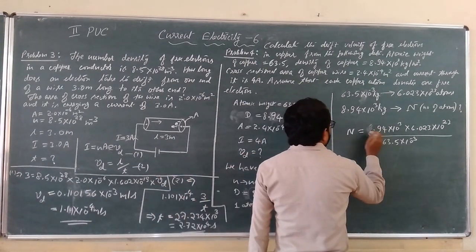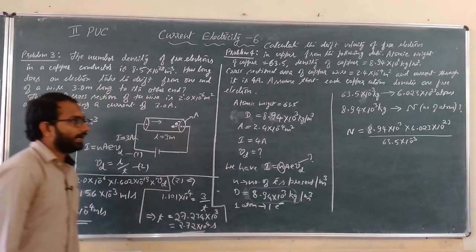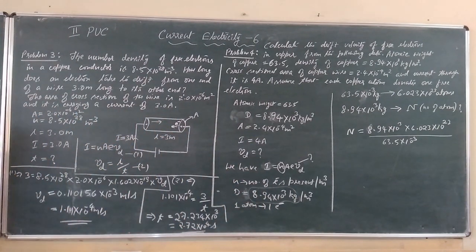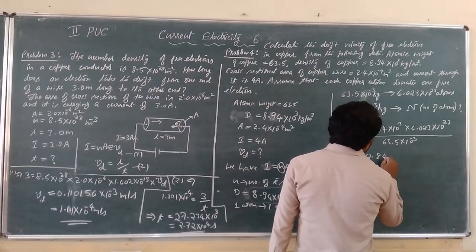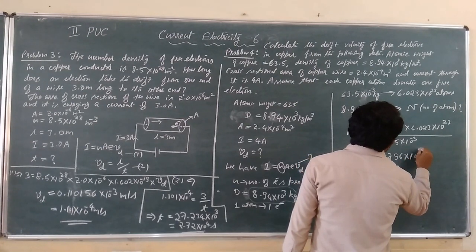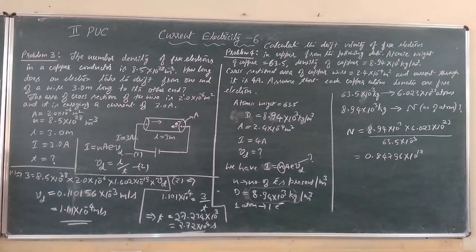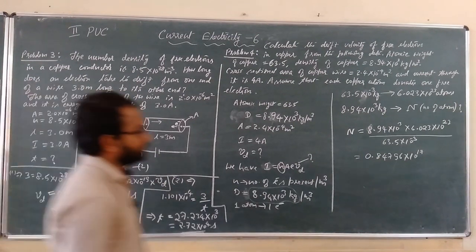Simplify and you get the value of N: 0.84796 into 10 to the power of 17 atoms.